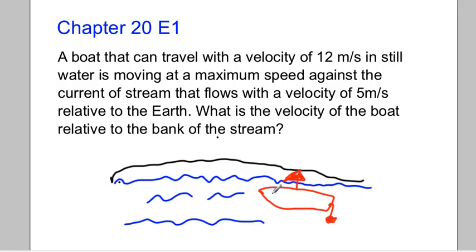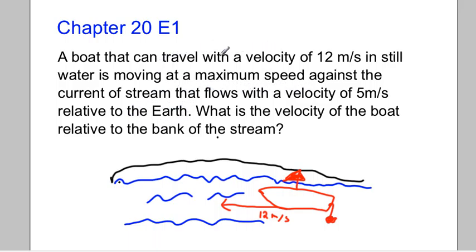Okay, so the boat can travel 12 meters per second. So let's put that on it. It's going to go that way, 12 meters per second. The current of a stream flows with a velocity of 5 meters per second.